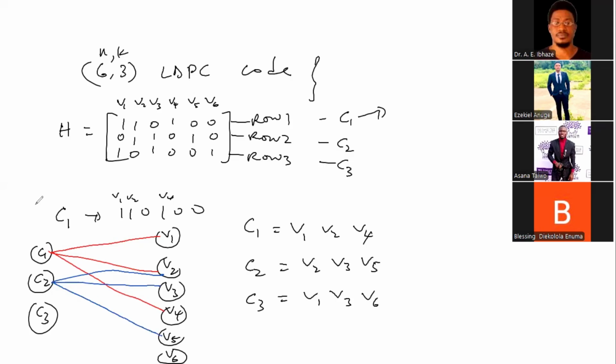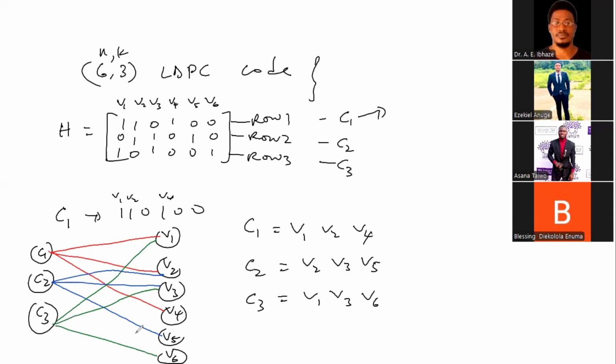While C3 will connect to V1, V3, and V6.